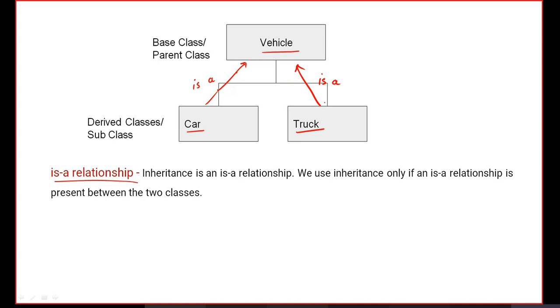So this is called an is-a relationship between your derived class and the base class. Fine. So only when there is a relationship present between two classes, we can use the concept of inheritance. Otherwise, there's no point. Fine.